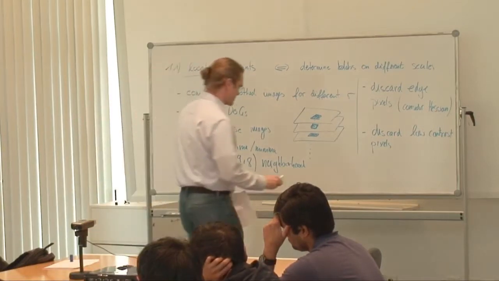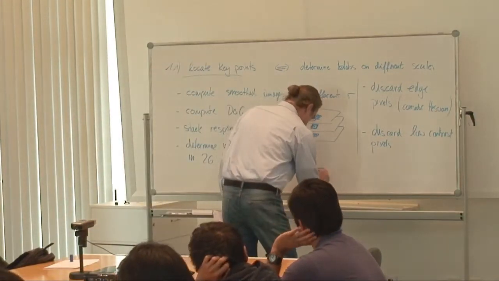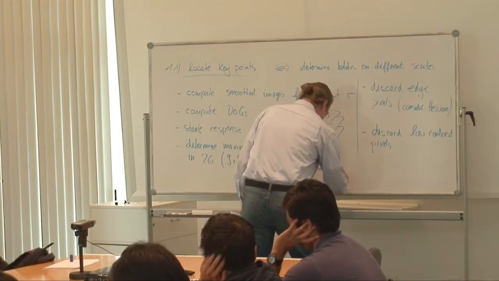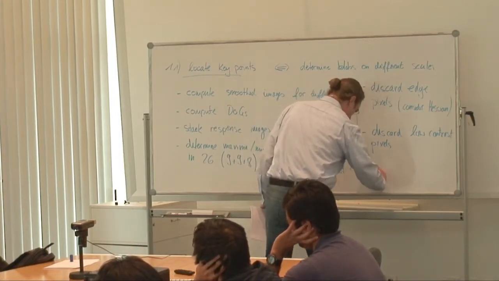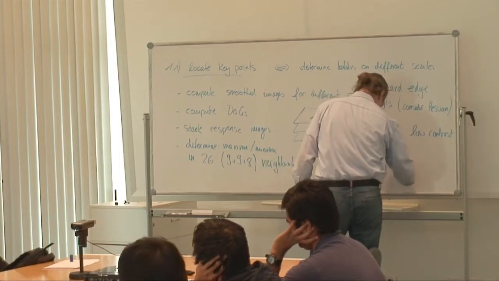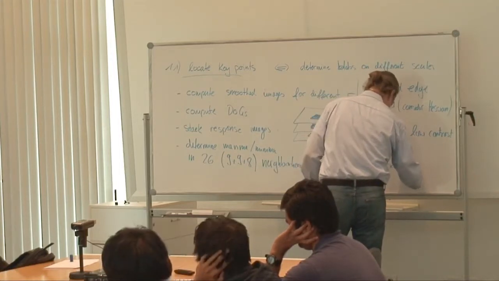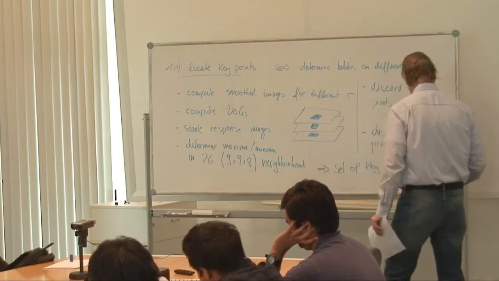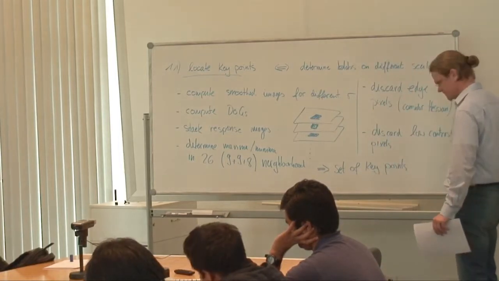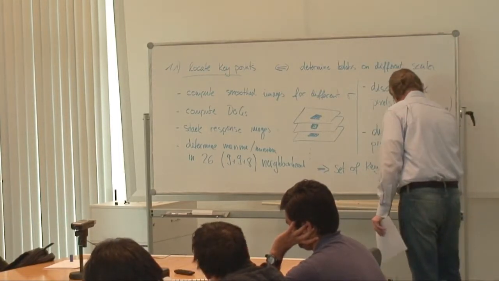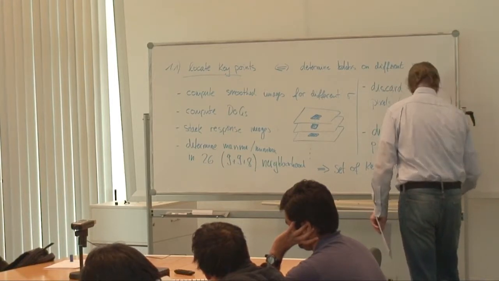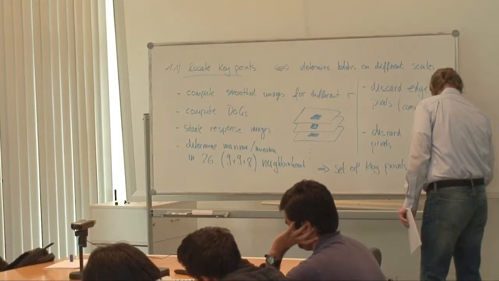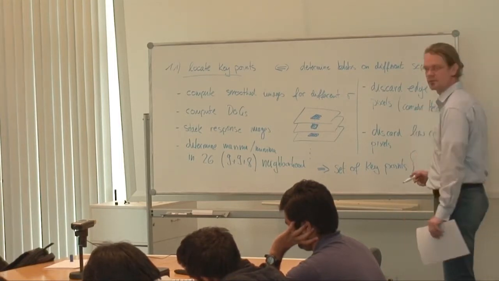What we get from all of this is a set of key points, and let me just pretend to number them where i ranges from 1 up to n.